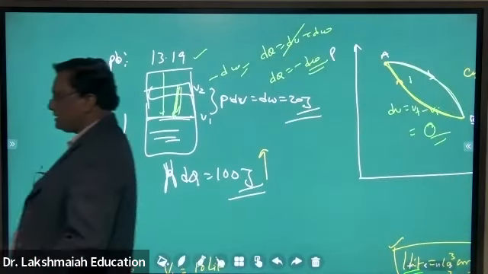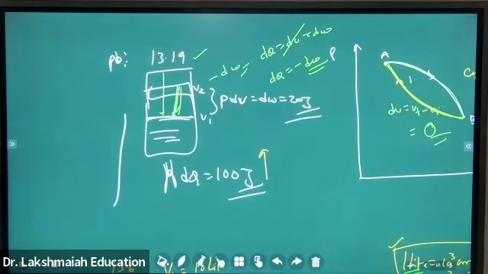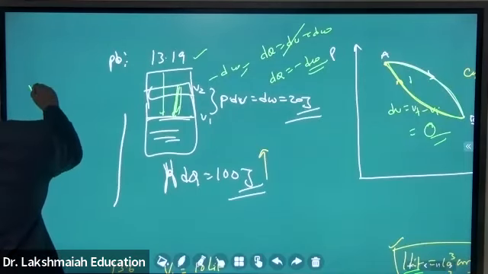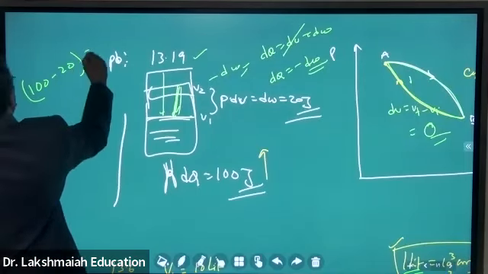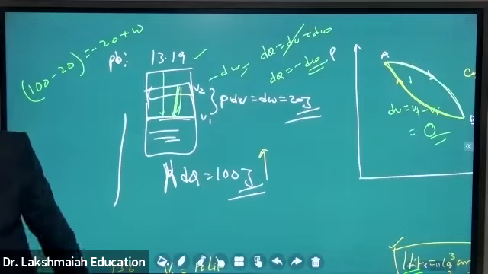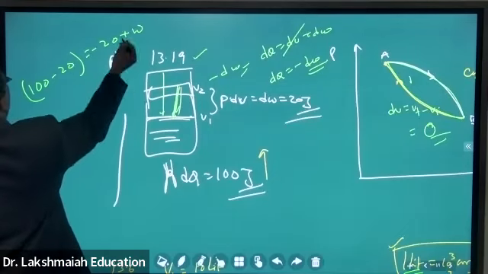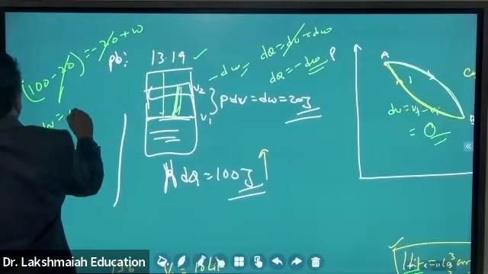Which question are you asking? 13.19. Yes. So for that question, you write 100 minus 20 is equal to dU1, that is minus 20 plus W. Like this you have to write. 100 minus 20 is equal to minus 20 plus W. If you take this side, both get cancelled, so work done is equal to 100 only.